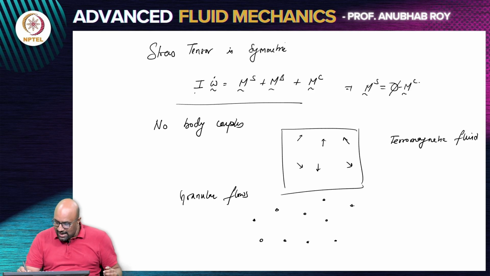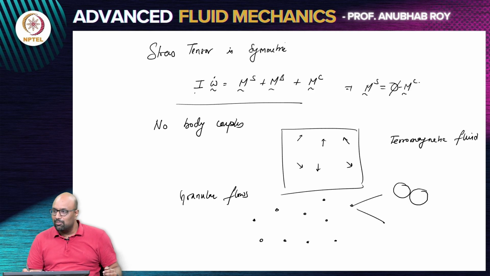Now, if you think of these sand grains and zoom in, as they come close to each other, they can bounce and collide. If you have a dense granular flow, then these sand grains are coming and bumping against each other. They collide and go back, and you can decide it is an elastic or inelastic collision.